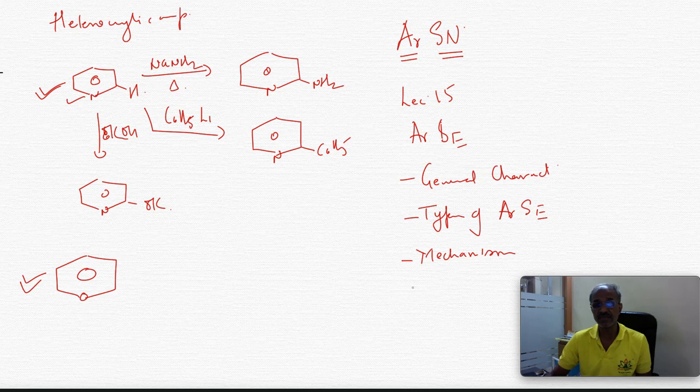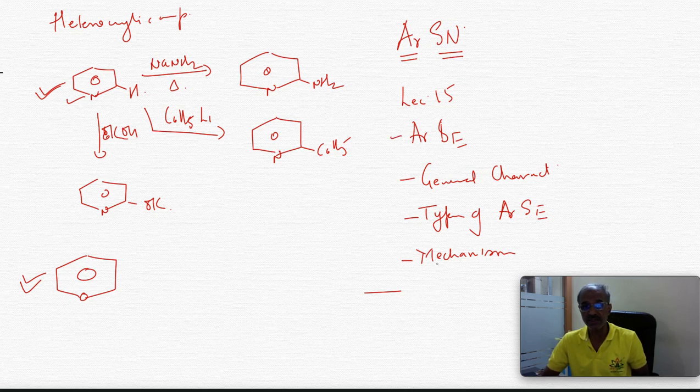Lecture 15 will be a bit lengthy. That means up to lecture 15 I will have finished aromatic nucleophilic substitution and aromatic electrophilic substitution, and if time permits I will go with the next type of reaction.